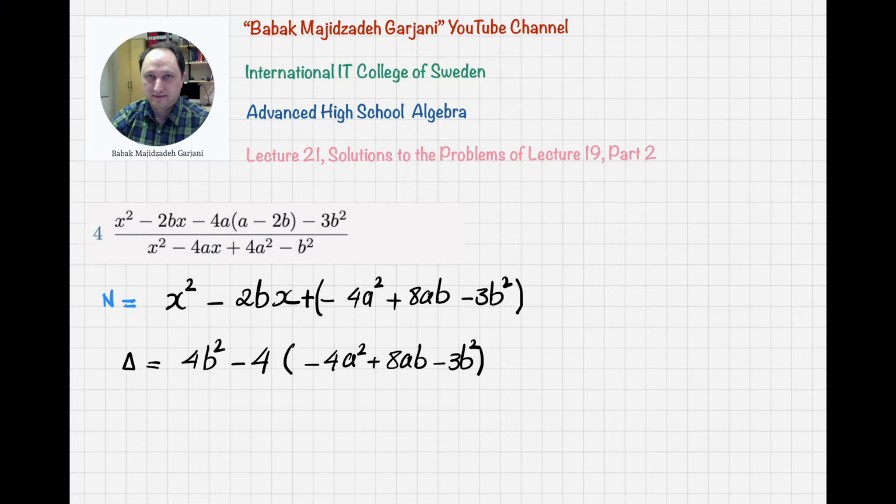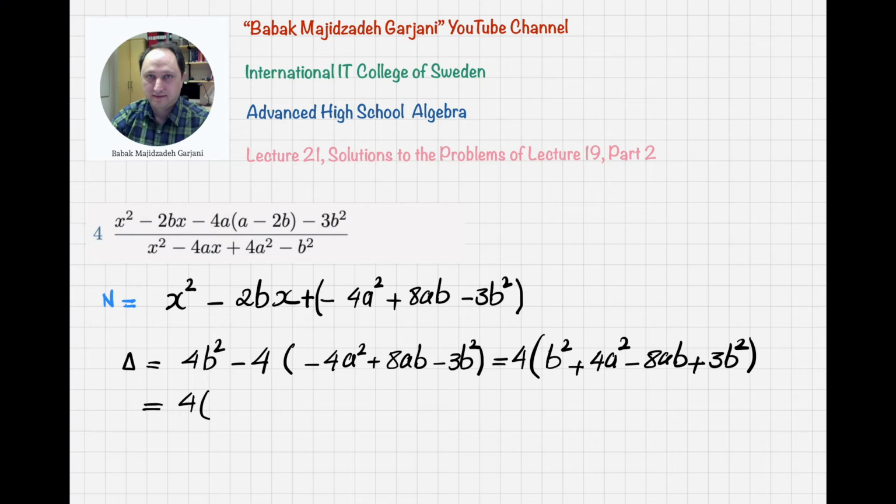But now you see that there is a 4 in common in these two. I can factor that 4 out. From the first one, b squared is left. From the second one, a negative sign, negative 1 is left, so that I multiply it here, here, and here. And I remove the pair of brackets. So it becomes positive 4a squared minus 8ab, and then finally positive 3b squared. But then it can be simplified a bit more.